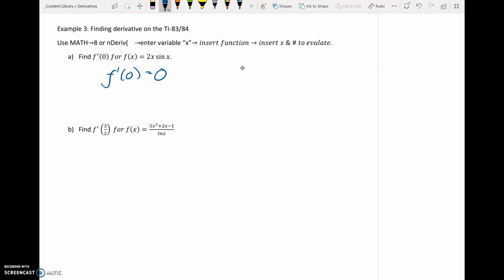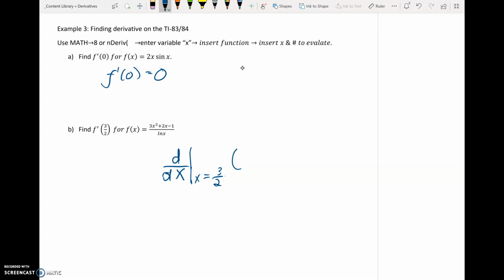Enter. Then your variable should be x. So it looks like d over dx, and you're going to put x right in here in your calculator. And then you're going to insert what that x value is going to be. In this case it is 3 over 2, or 1.5.